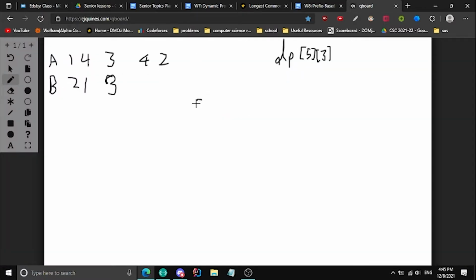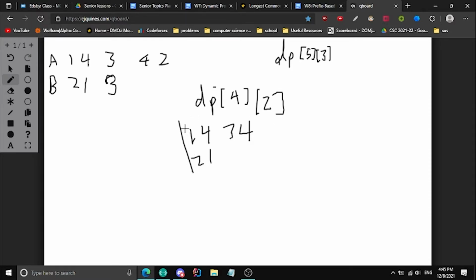And so, for example, dp at, let's say, 4 2. That means that we'll be looking at the prefix 1 4 3 4 and the prefix of this 2 1, right? And so that would be the answer to this subproblem here. And so those are going to be the subproblems we'll be looking at.